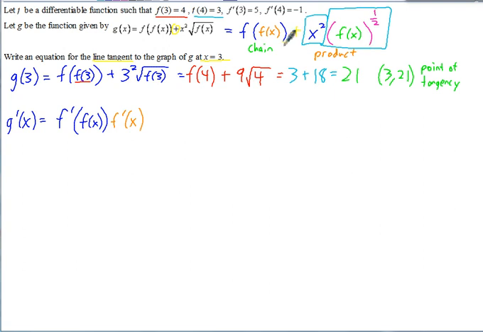So I've got a plus here, and I'm going to start to use the product rule. The product rule pattern says you take the derivative of the first one, the derivative of x squared is 2x, times the second one as it is, f of x to the 1/2, plus the first one as it is, x squared, times the derivative of the second one.